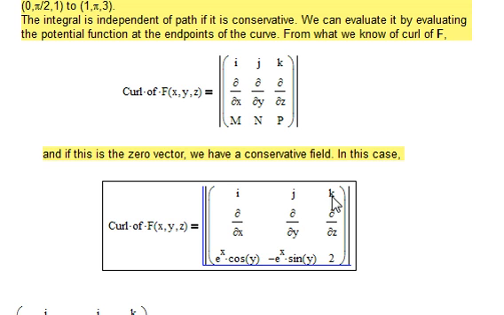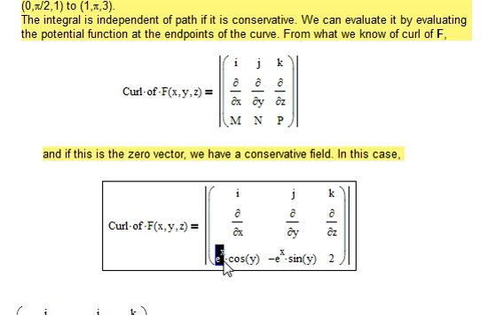Let's see what the k brings. We've got k times the partial of negative e to the x sine of y with respect to x. Oh golly, we got a number there. We got negative e to the x sine of y. Okay, what are we going to get when we go this route?